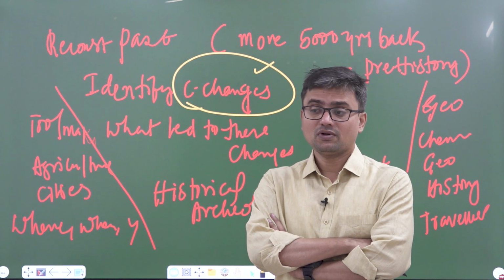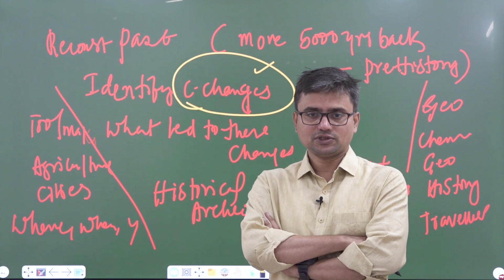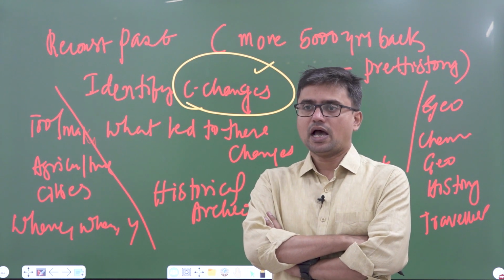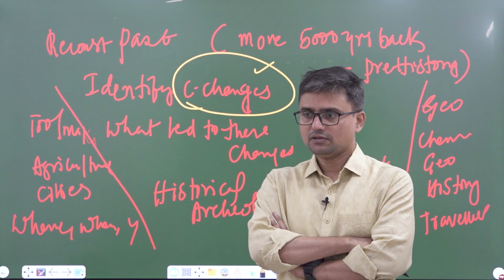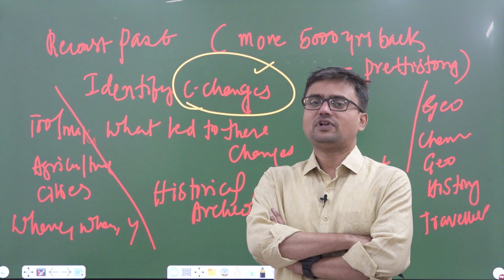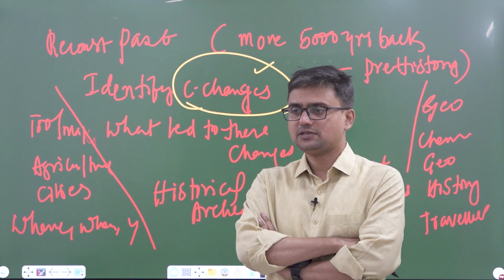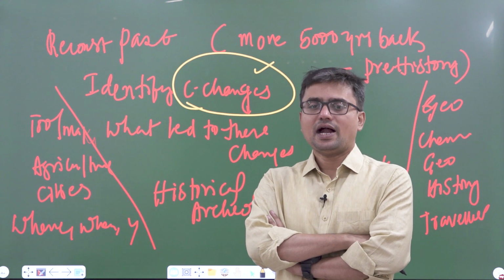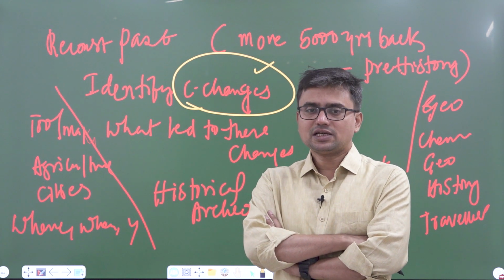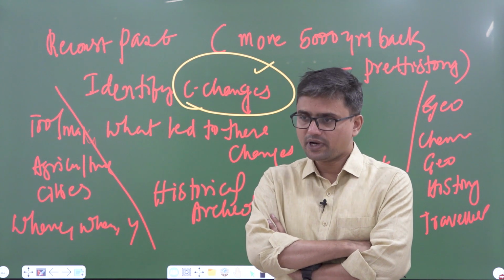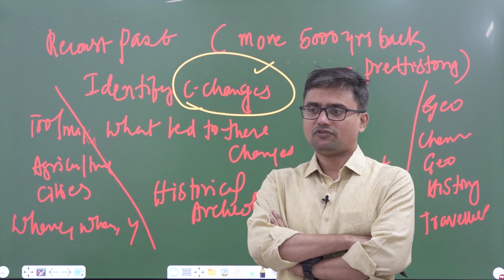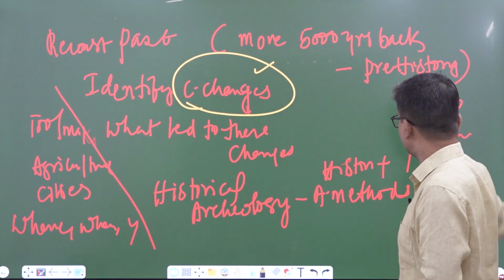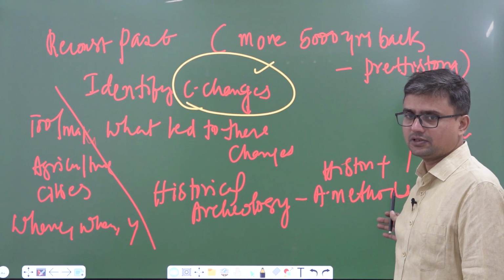If at all there is a question in archaeological anthropology, what are you going to write? Does archaeological anthropology, after identifying these elements with the help of all these methods, try to understand the cultural changes that have happened?